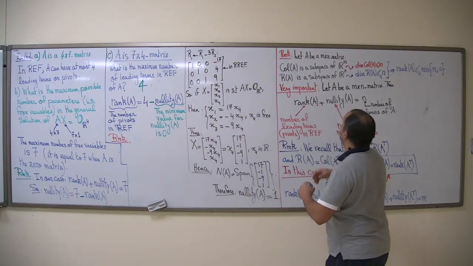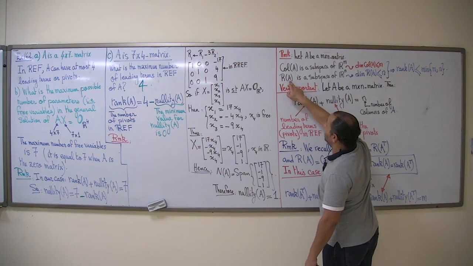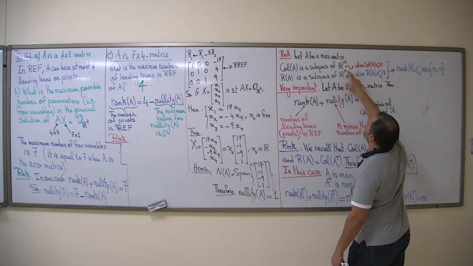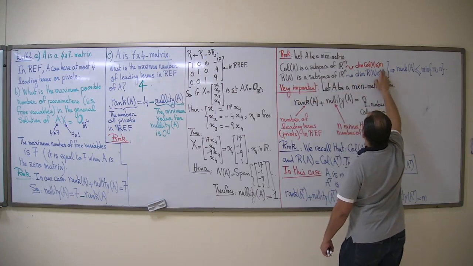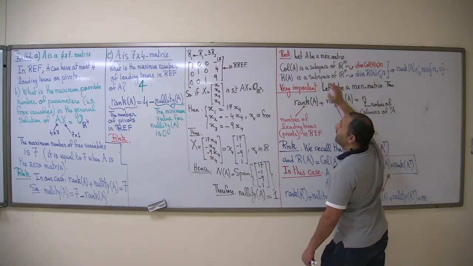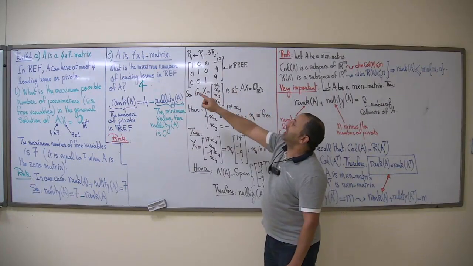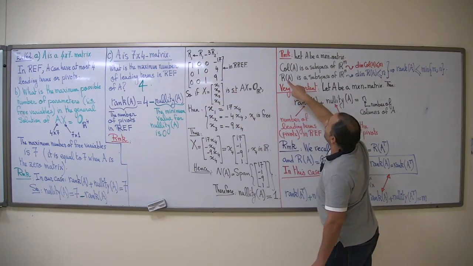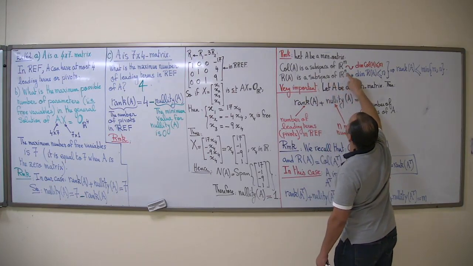And we know that the row space of any given matrix is a subspace of Rn. So for the given example, my matrix is 7 by 4, so the row space of A is a subspace of R4.